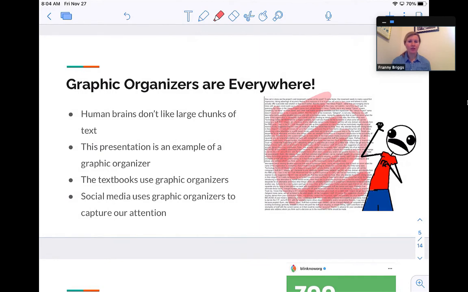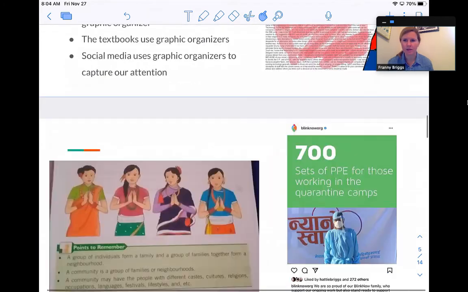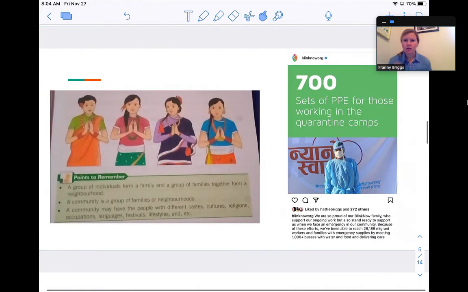So actually, the textbooks already have a lot of graphic organizers embedded in them. And I'm going to show you also an example of social media. I know that everyone's on social media, and to try to help us expand our thought of what a graphic organizer is. So this is an example from, I believe, the fourth grade social studies book.